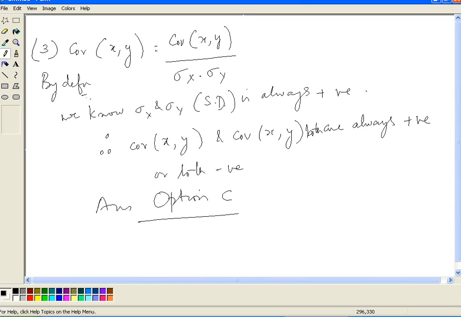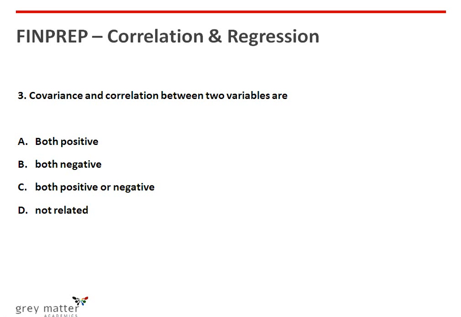Okay, therefore correlation of x comma y and covariance of x comma y both are always positive or both negative. So the answer is option C. Going back to our PowerPoint presentation, it is C option, which says both positive or negative.